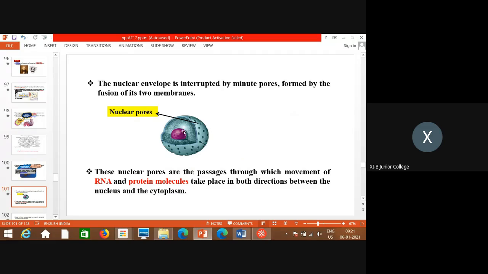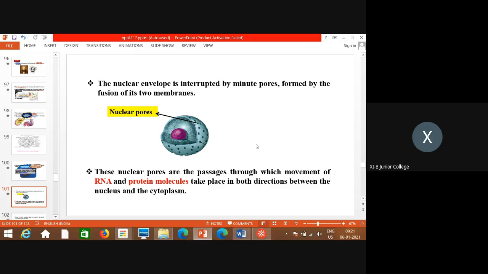This is the entire nucleus, this is the nucleolus, and these small openings are called nuclear pores. The nuclear envelope is interrupted by minute pores formed by the fusion of its two membranes, and these nuclear pores are the passage through which RNA and protein molecules move in both directions between the nucleus and the cytoplasm.